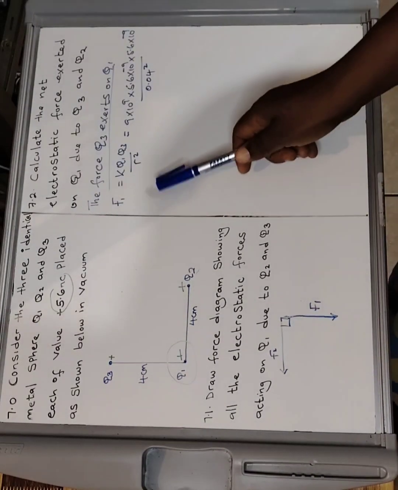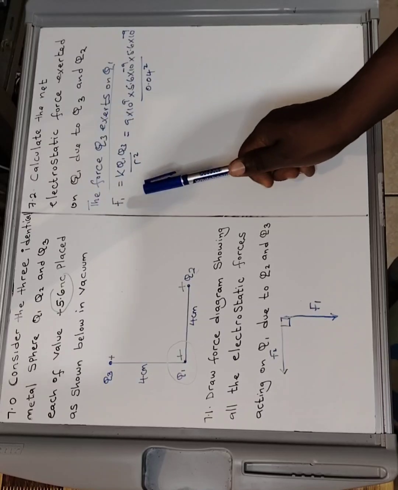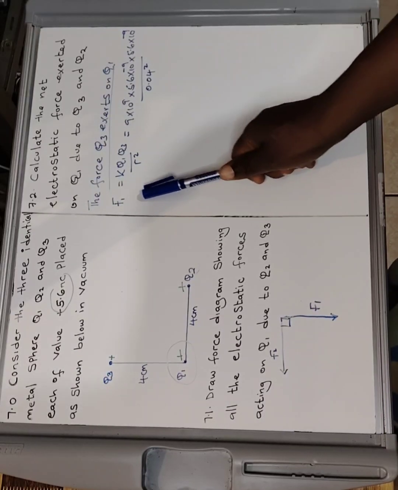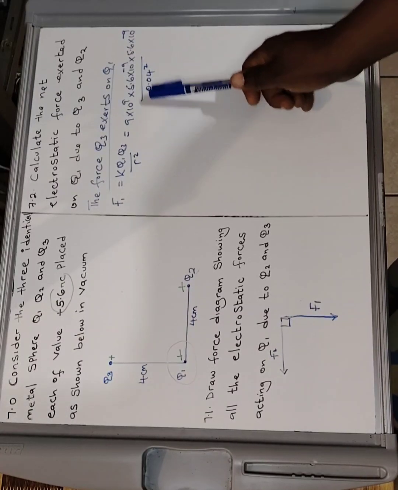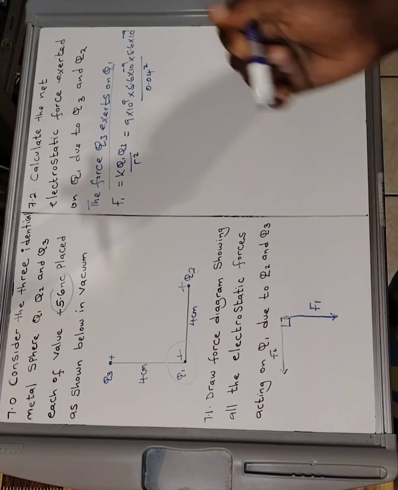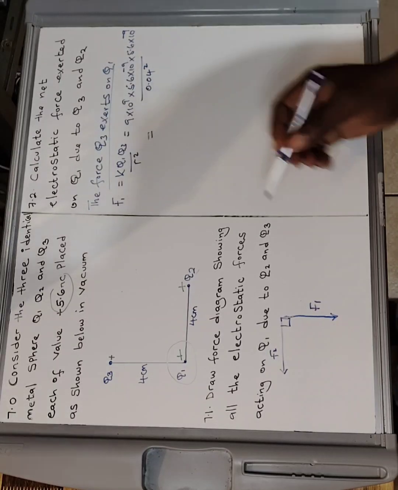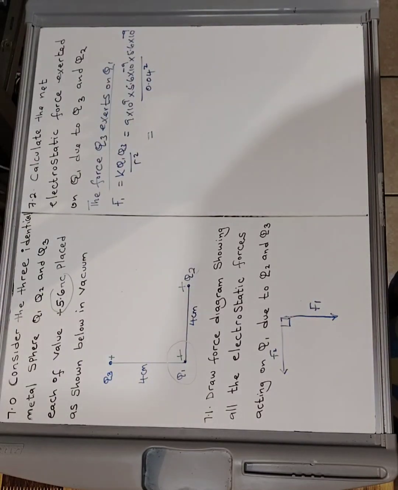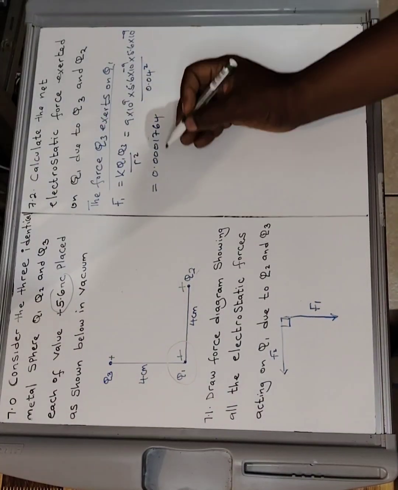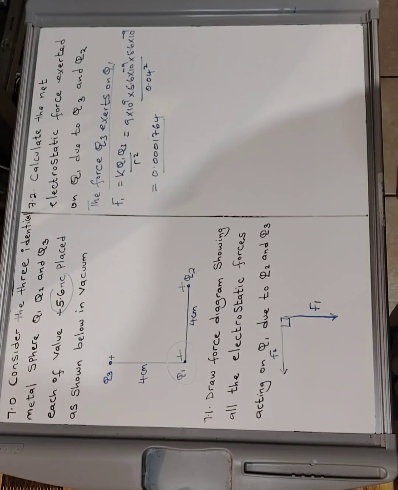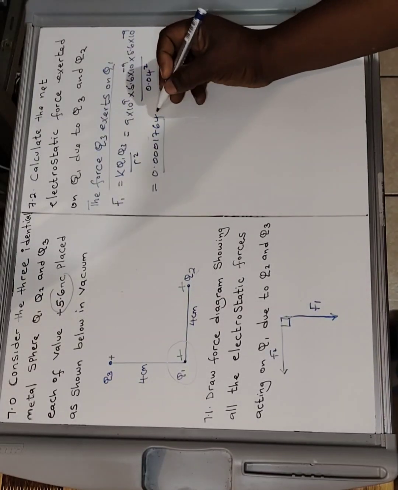We have called it F1, and when you apply Coulomb's law and substitute, what you get out of that will be the force Q3 exerts on Q1. Let's see what we get. We have found it as 0.0001764 newtons.